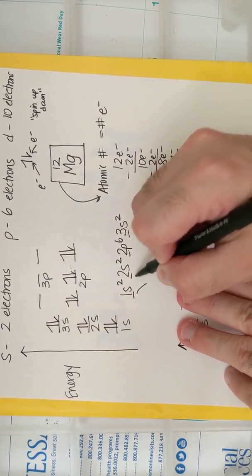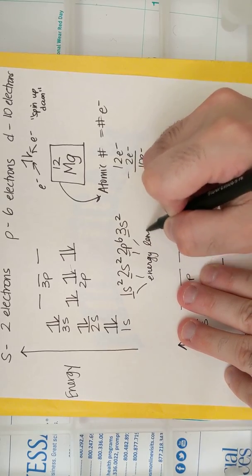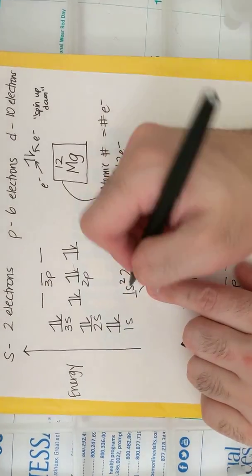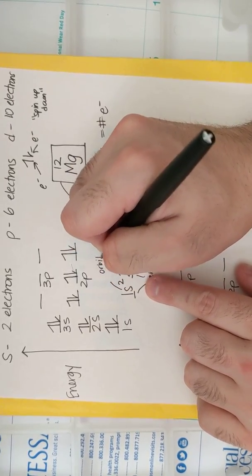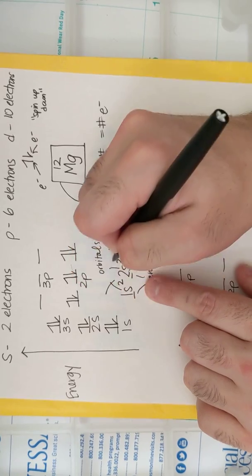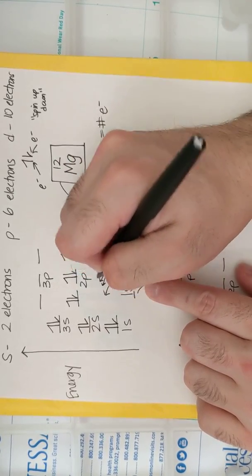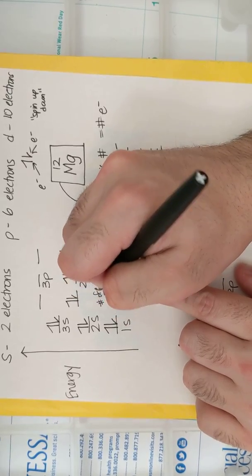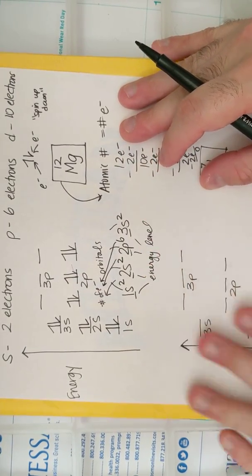These numbers are the energy level, right? So 1, 2, 3. These letters are the orbitals. And these numbers, this 2 here, or the 6, those are the number of electrons. So that is how I'm writing an electron configuration.